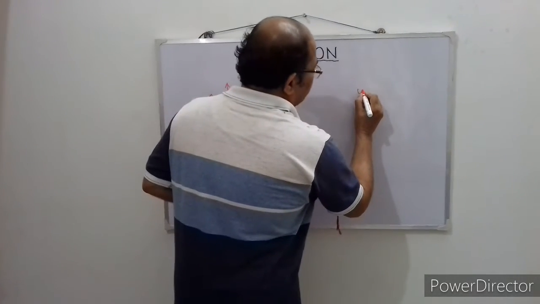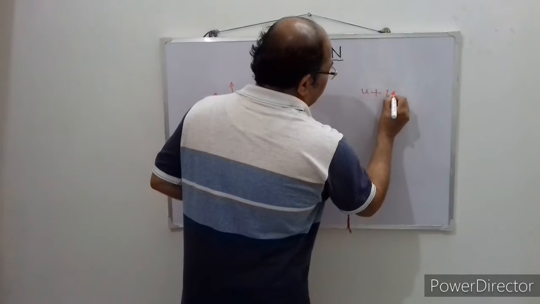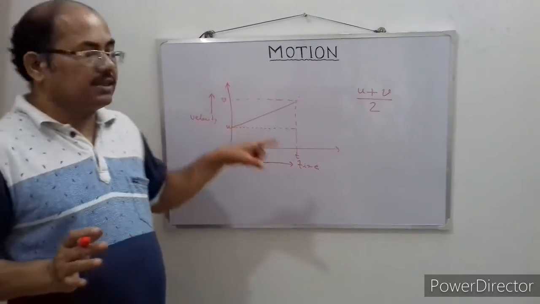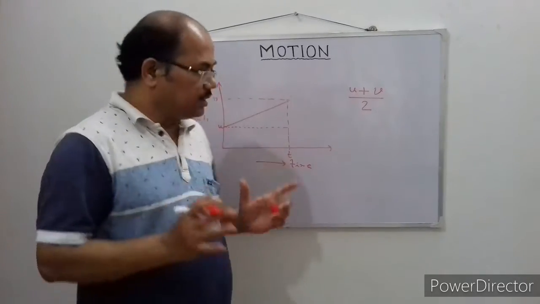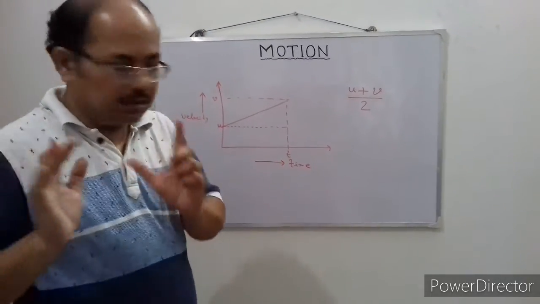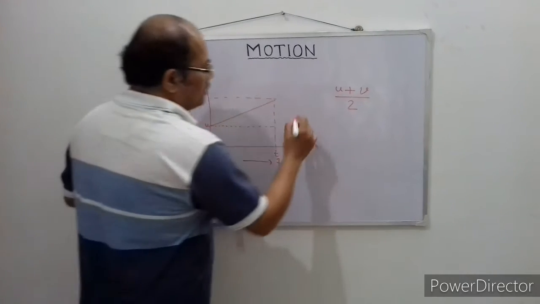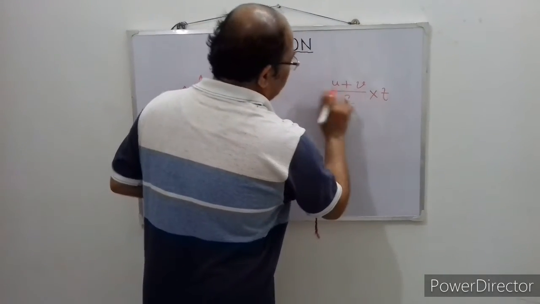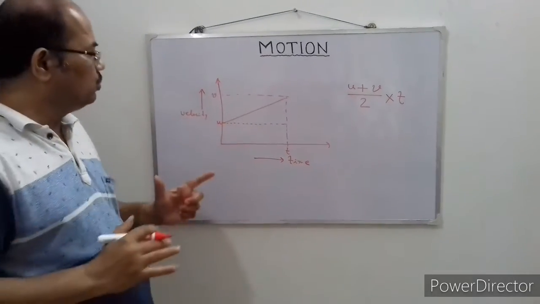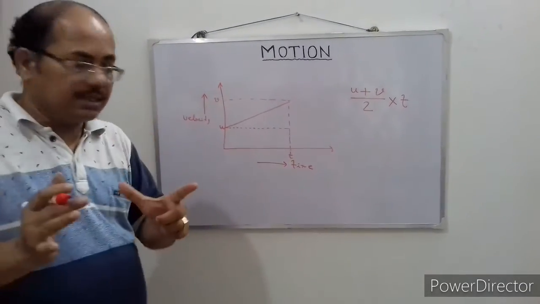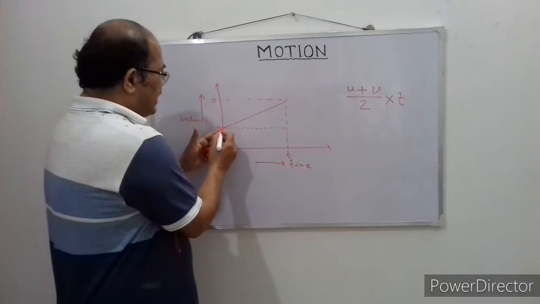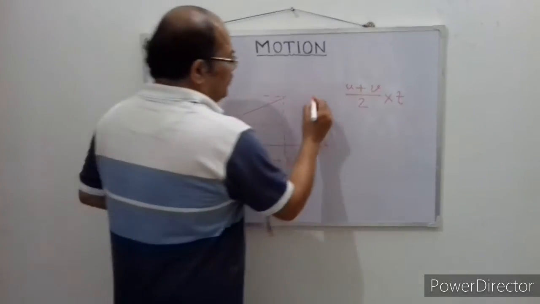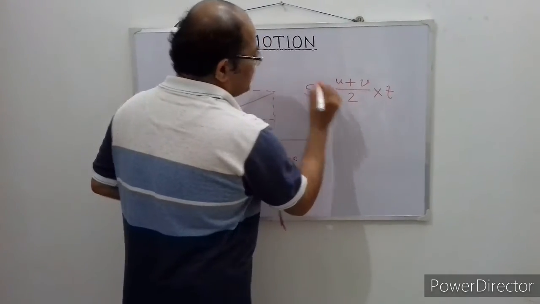If the object would go with a velocity (u plus v) by 2, then it will traverse the same distance which it has now gone. So that is (u plus v) by 2 into t. If the uniform velocity was (u plus v) by 2, that will give the same result as it achieves velocity from u to v. So this is the displacement.